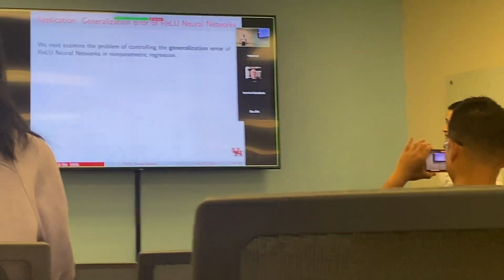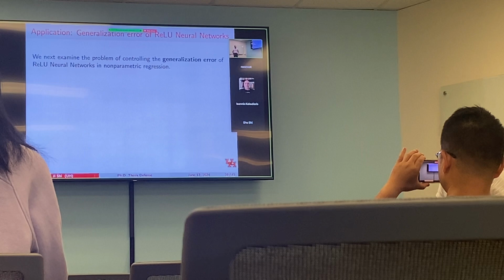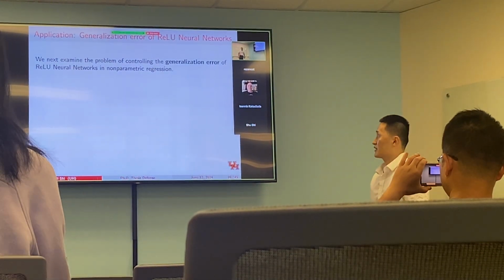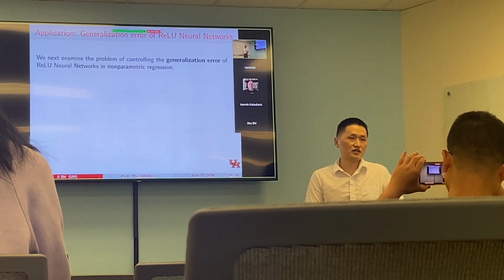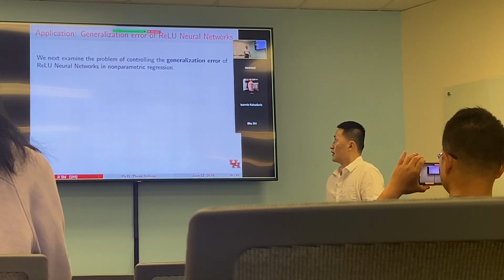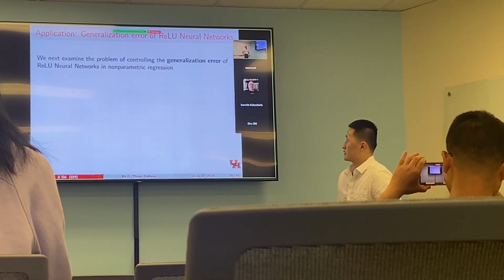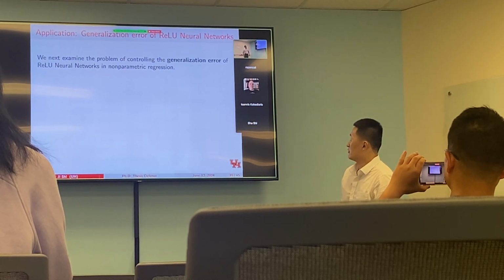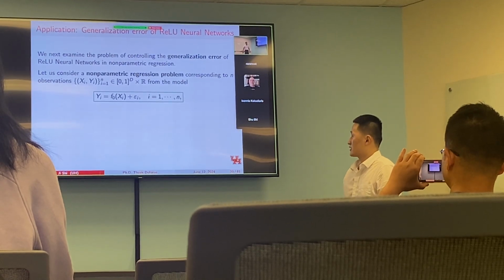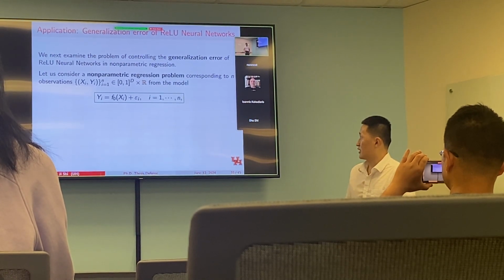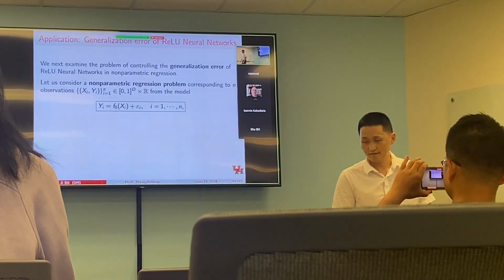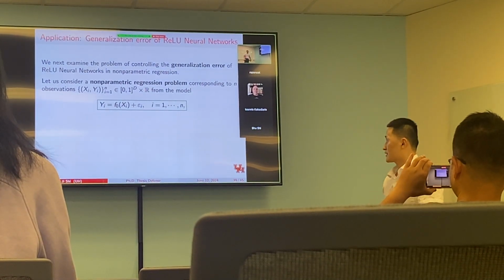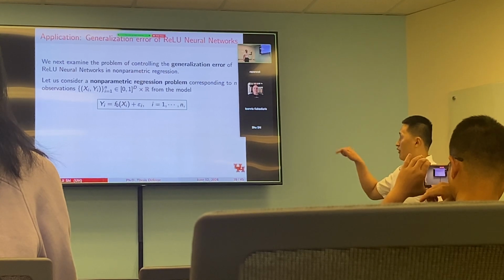Okay, next I will introduce an interesting application for our new approximation result, to improve the generalization error. Let's consider a non-parametric regression problem corresponding to n observations (x_i, y_i), i from 1 to n.